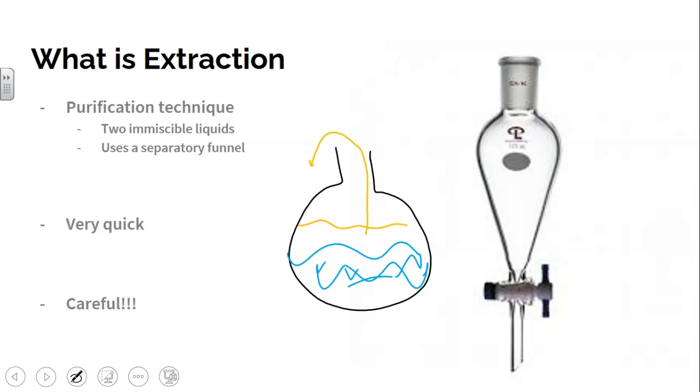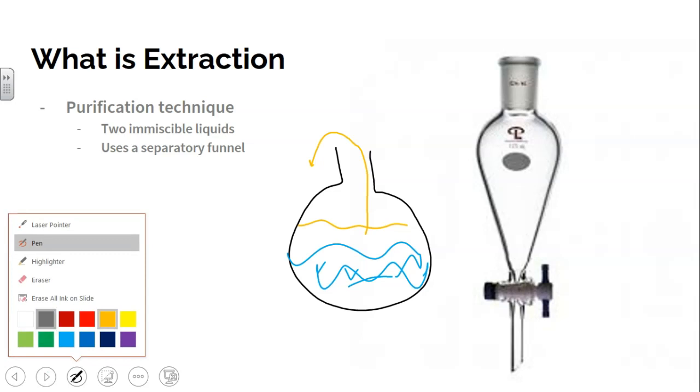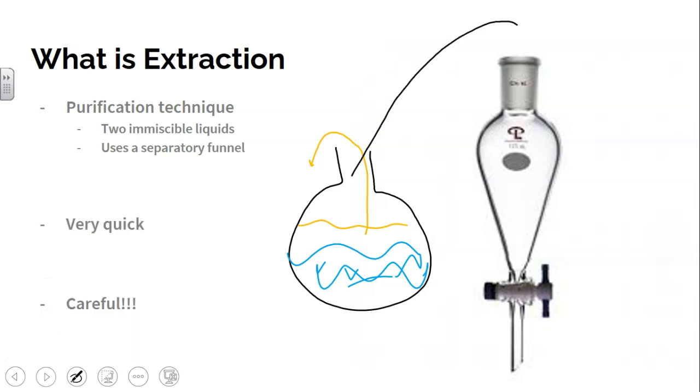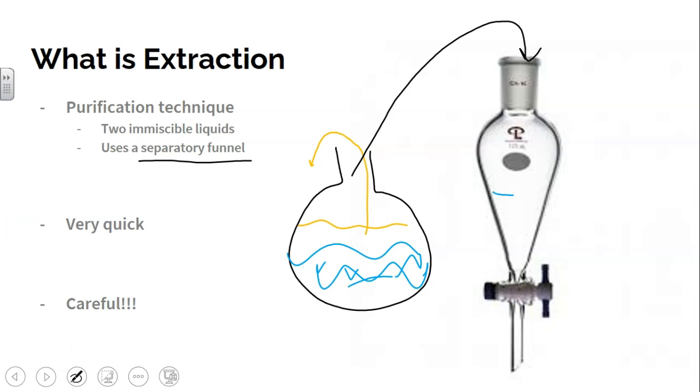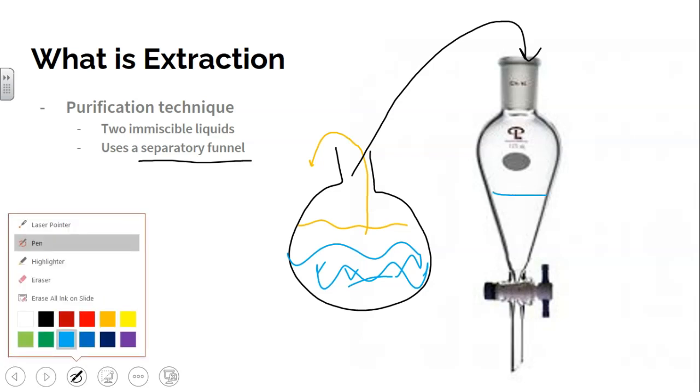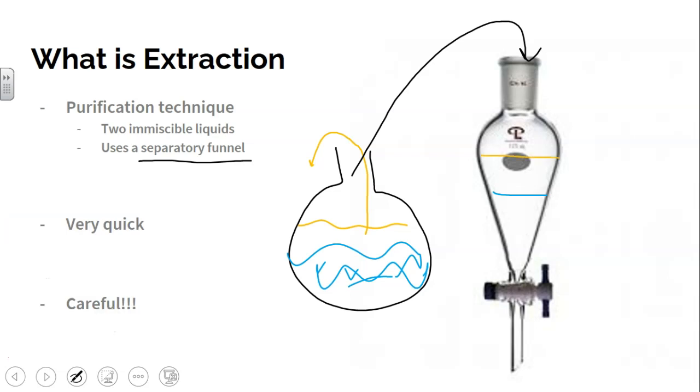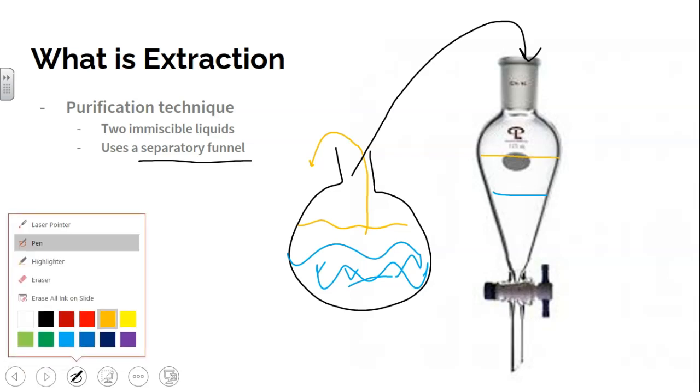Well, that's all great, and we can do that. That's called decanting. But we might as well use this specialized piece of equipment called a separatory funnel, and the separatory funnel is going to do the same job. We dump the liquid in here, and then you can see very well the different layers that are forming.